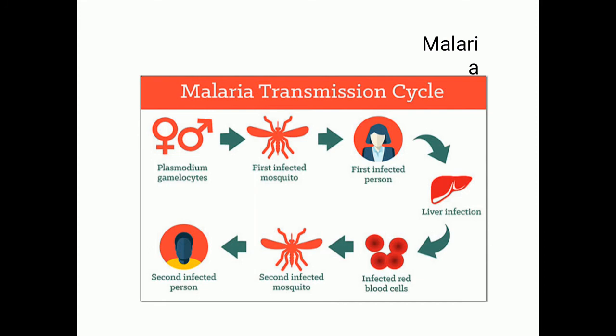An infected mother can also pass the disease to her baby at birth, which is known as congenital malaria. Malaria is transmitted by blood, so it can also be transmitted through an organ transplant, transfusion, or use of shared needles or syringes.